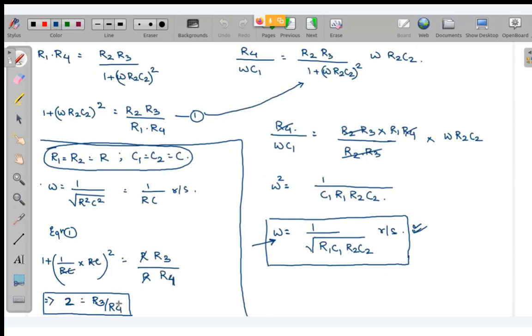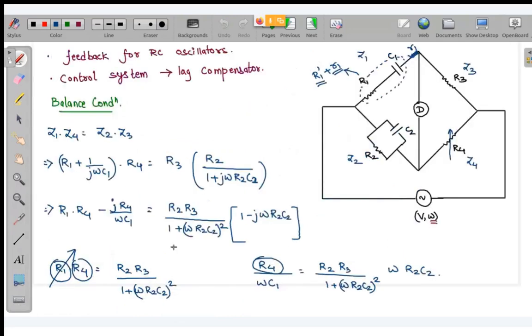But if I somehow make the ratio of R3 by R4 equal to 2, let this R4 be constant.